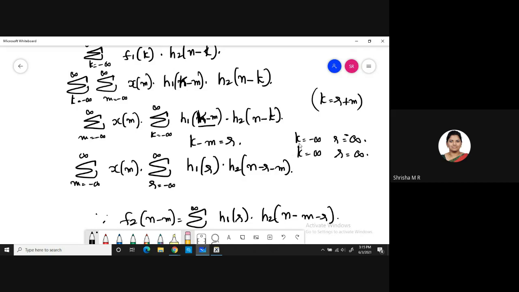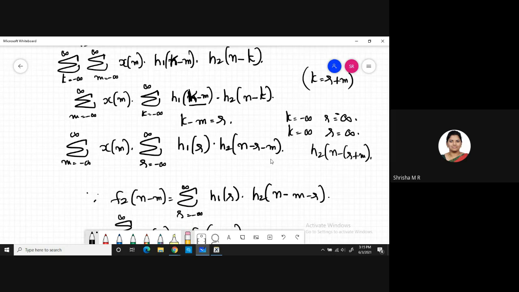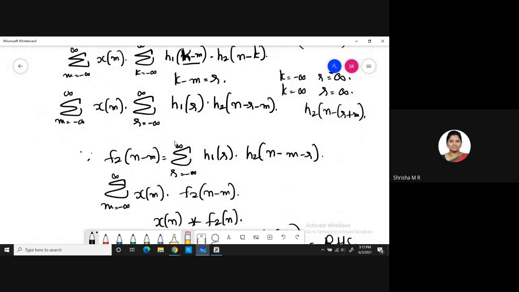So I have written h2 of n minus r minus m, just replacing k with r plus m, because you have minus k, it will be minus r minus m. That's it.